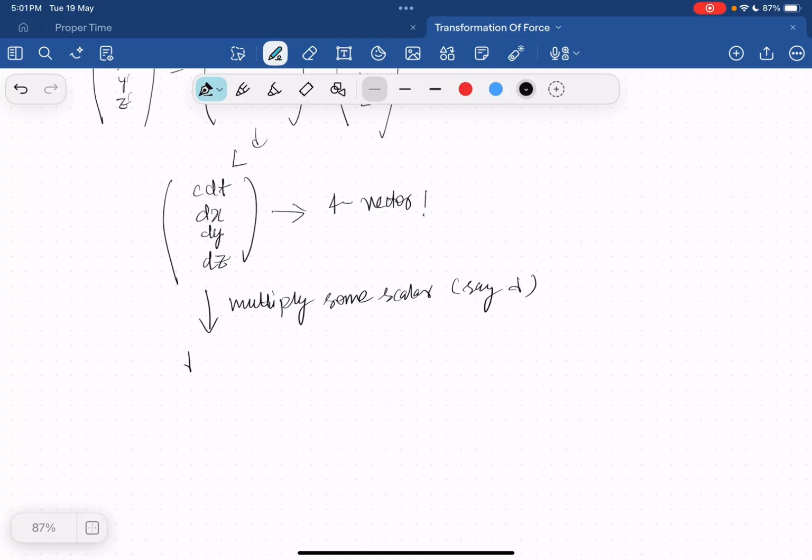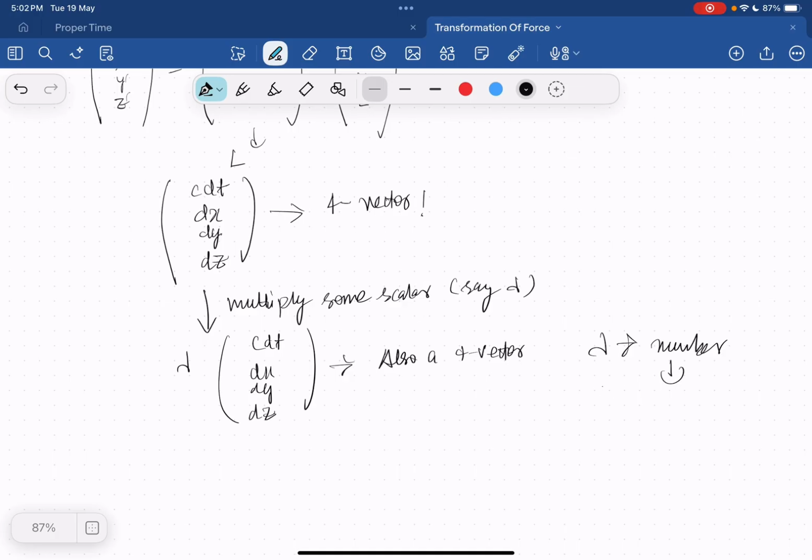Then lambda times c dt, dx, dy, dz is also a four vector, because lambda is just a number which doesn't change from frame to frame, so it is invariant.